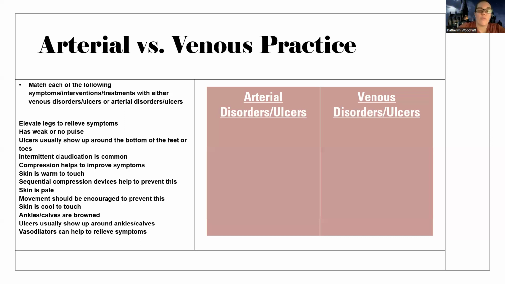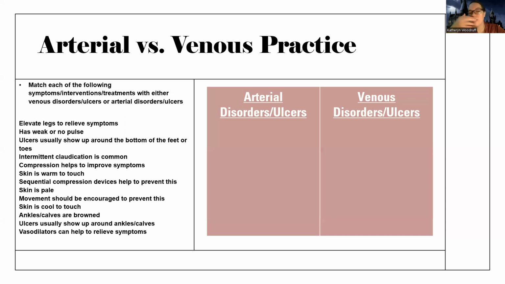Ankles or calves are browned. So this kind of goes back to what I was saying in the last one, where we're talking about a venous issue. With these patients, they have an accumulation of fluid in their ankle or calf areas, and this leads to a brownish discoloration.